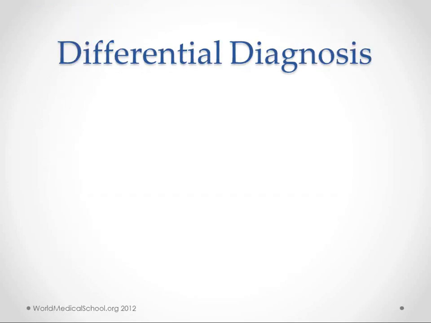The differential diagnosis, I left this slide blank because there's a pretty long list, and it depends on what symptoms we're talking about. If we're talking about the polydipsia, polyuria, then you can include diabetes insipidus, which is a malfunction of the pituitary gland or the ADH pathway, antidiuretic hormone pathway.